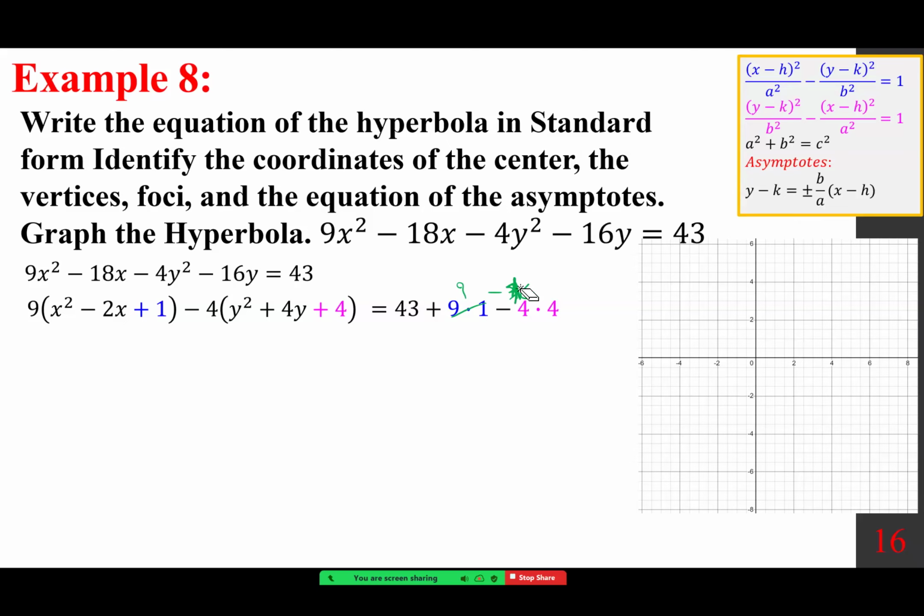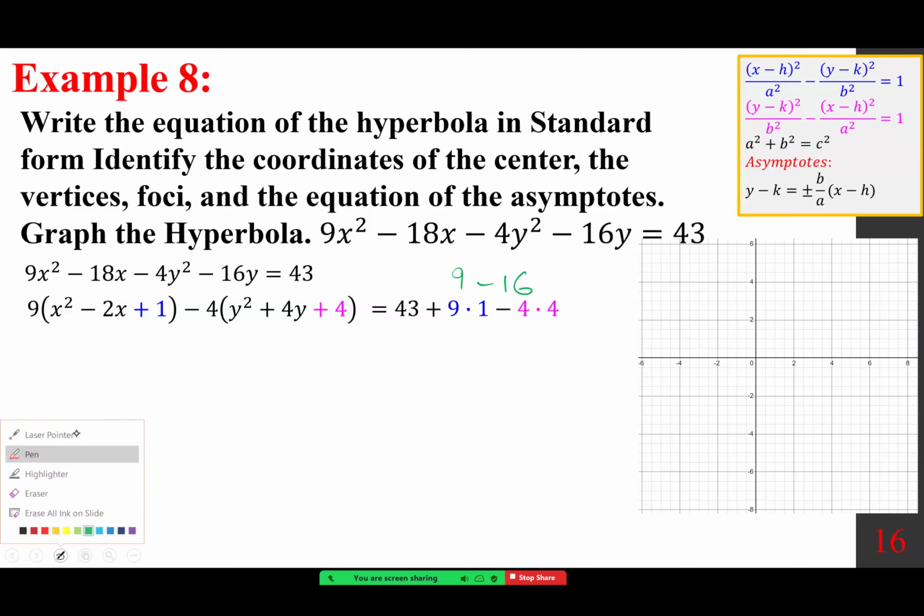So 43 plus 9 minus 16. That means 52 minus 16, or 36.